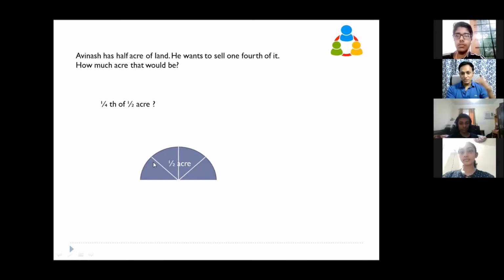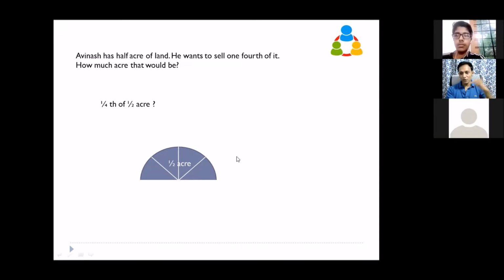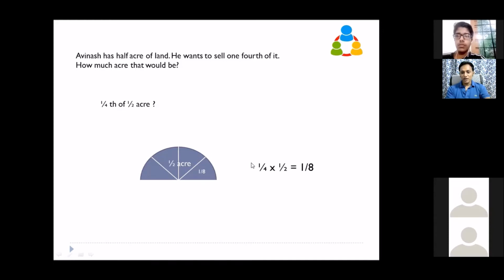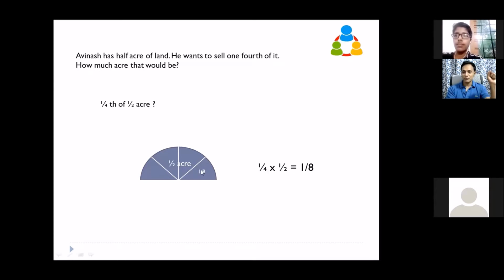So what is the value of this whole piece then? What is the value of 1/4 of 1 acre? So if you see, this 1/4 of half acre is actually 1/8, which is what you do in algebra, right? In algebra, when you tell 1/4 of 1/2, you just multiply 4 and 2. That is actually because of this.